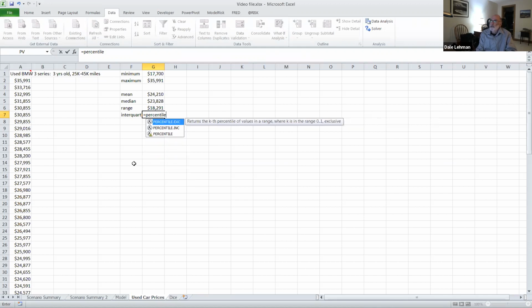So what we have to look at is the percentile function: the kth percentile, k between 0 and 1, in a range. So the array is used cars.